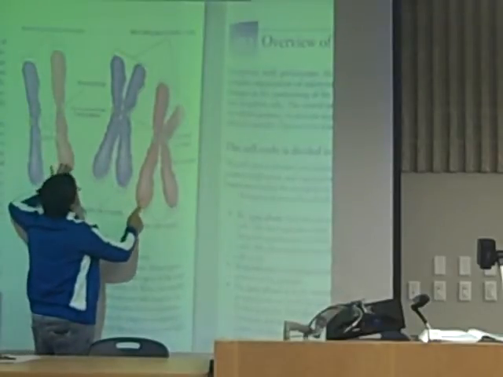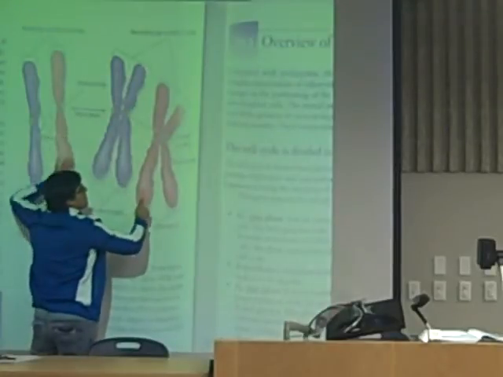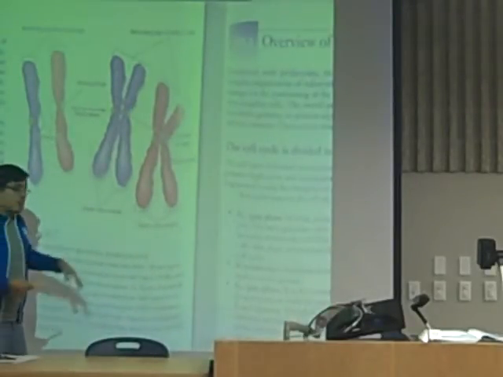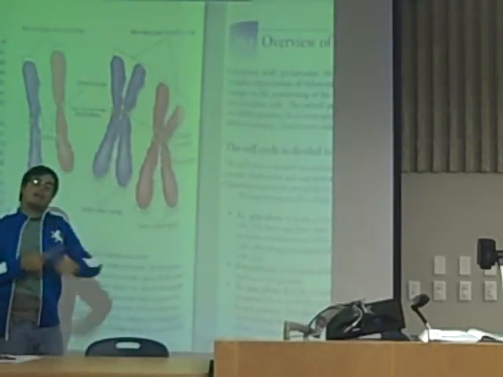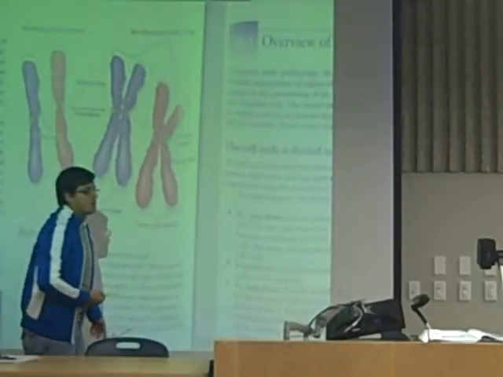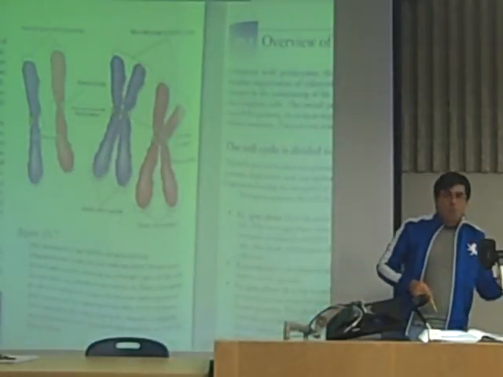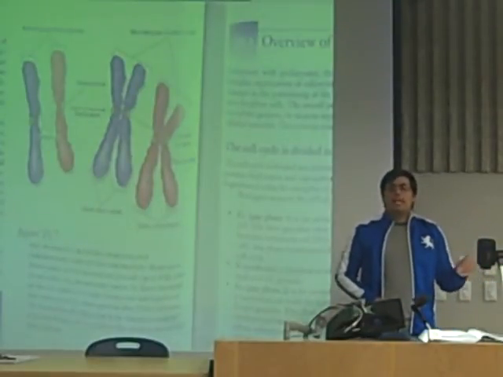Same concept applies here: we started off with this one, and after replication we are able to replicate the other side and form the typical X shape of our chromosome. We'll talk about a couple more specifics as far as the cell cycle in the next video.